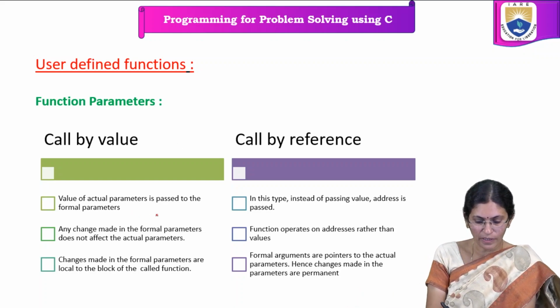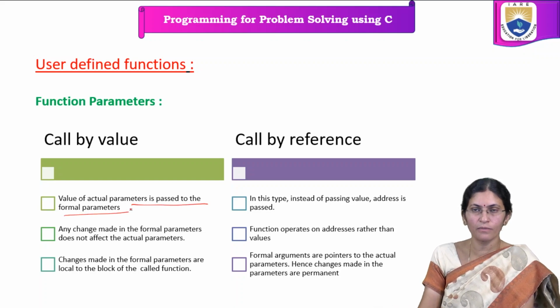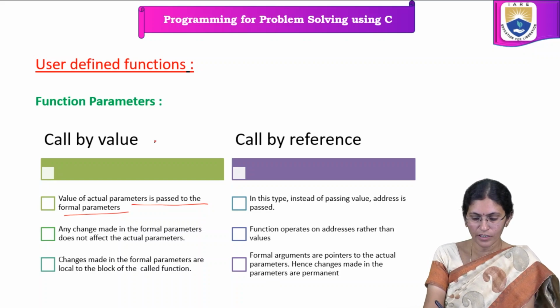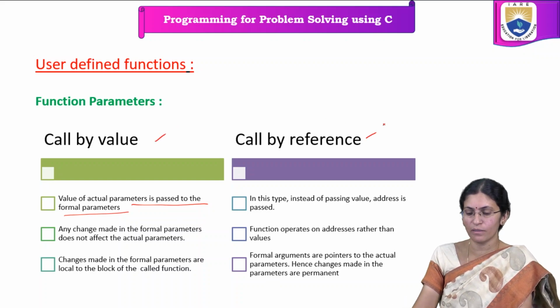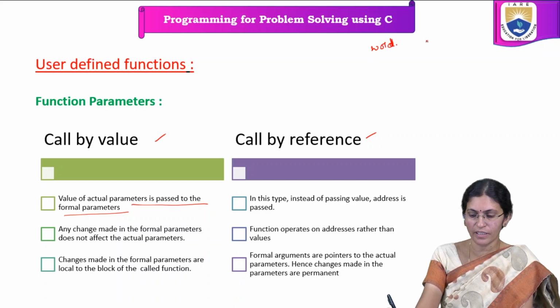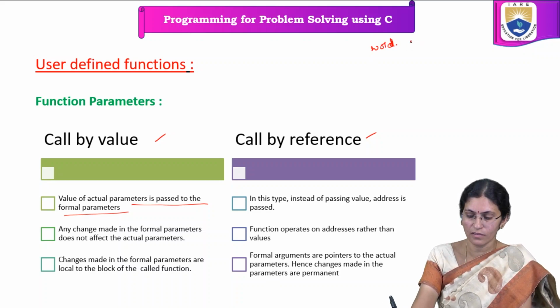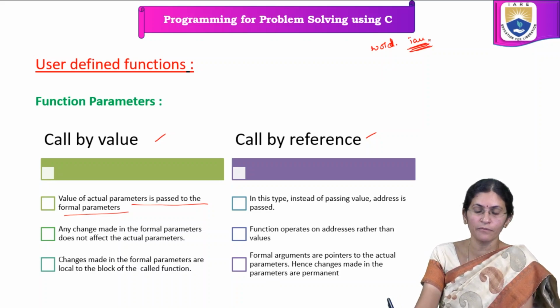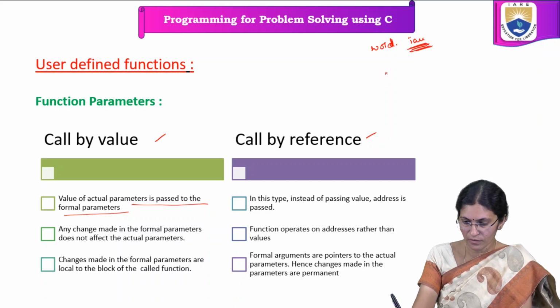So the value of actual parameters is passed to the formal parameters. Here you can understand these two methods with the help of one example. Suppose there is a Word file which you have created with the name IARE, and if you save the same file with the name, suppose, other.